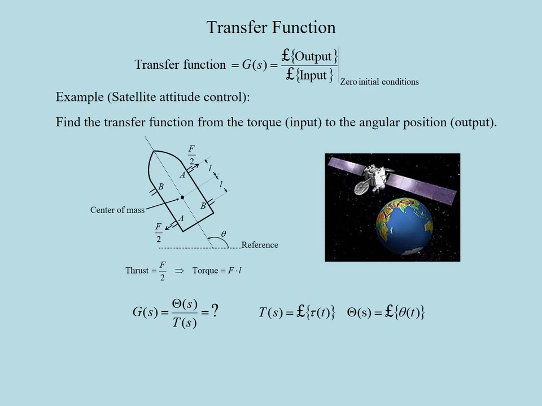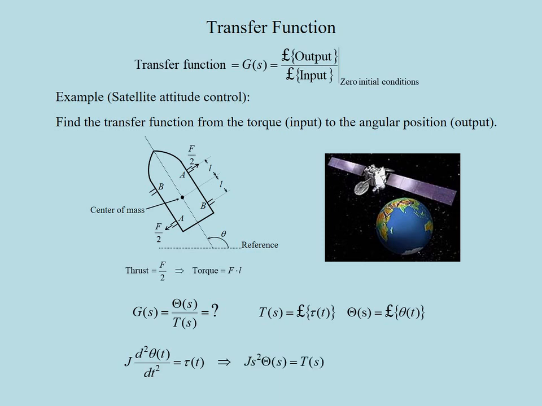In this simplified example, this ratio can be obtained using Newton's second law, namely the moment of inertia of the satellite multiplied by the angular acceleration is equal to the torque applied.